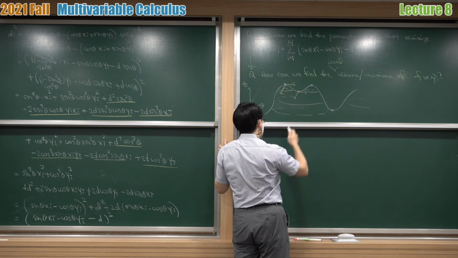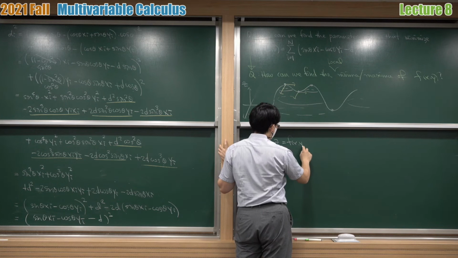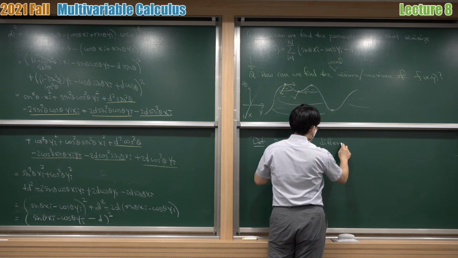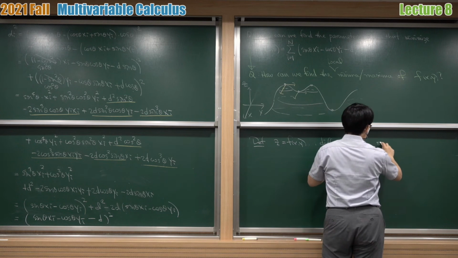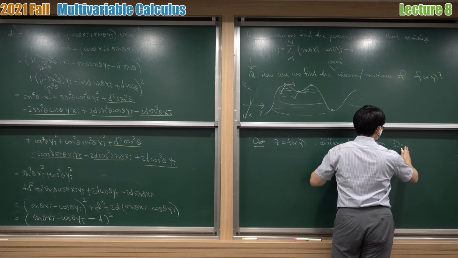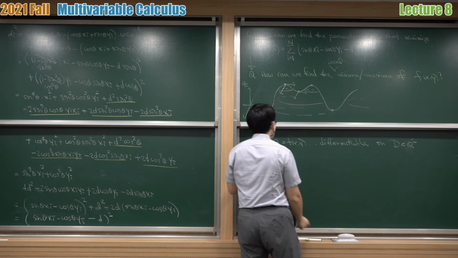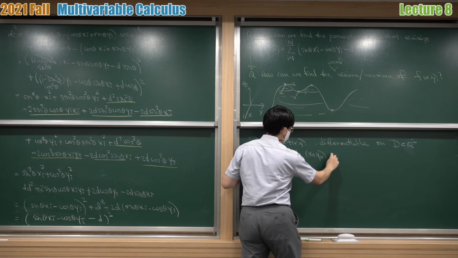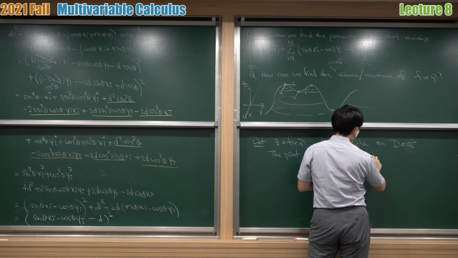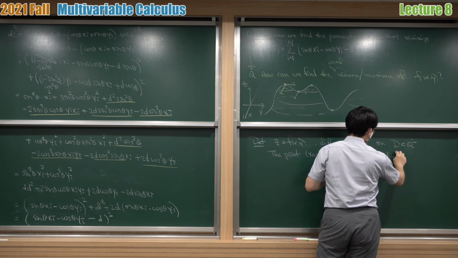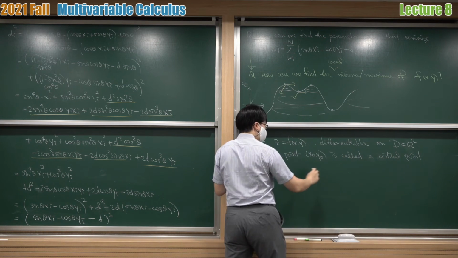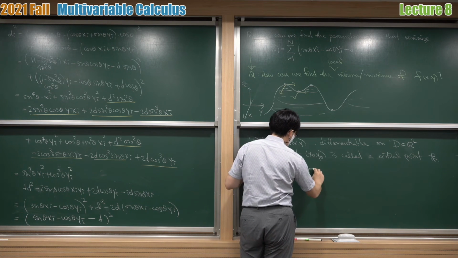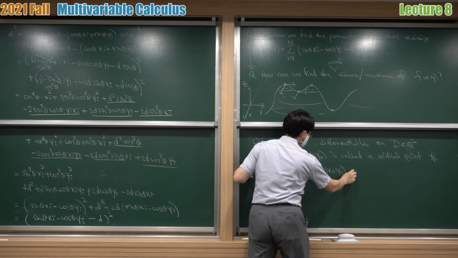Given a function f that is differentiable on some domain D, let's say D is some subset of R2, the point x0, y0 is called a critical point if fx(x0, y0) and fy(x0, y0) are both 0.